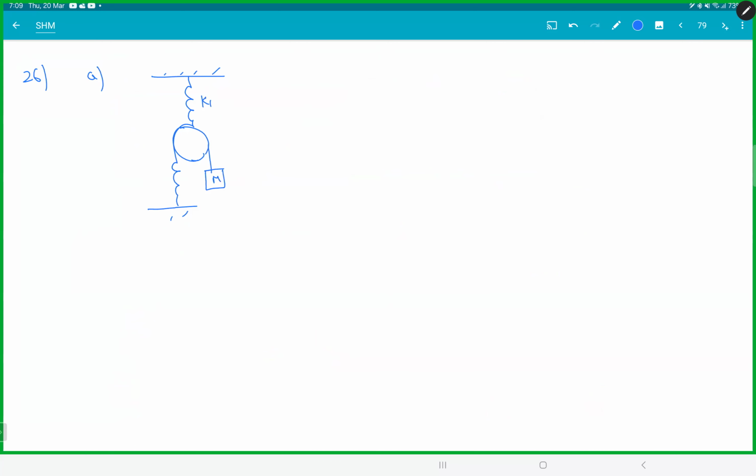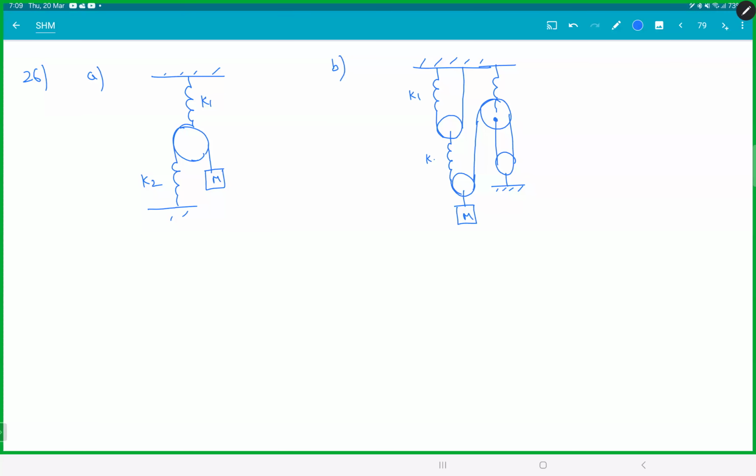Now, if you try to solve this normally, it will be a little complex, but this method will give you the answer pretty fast. Find the time period.